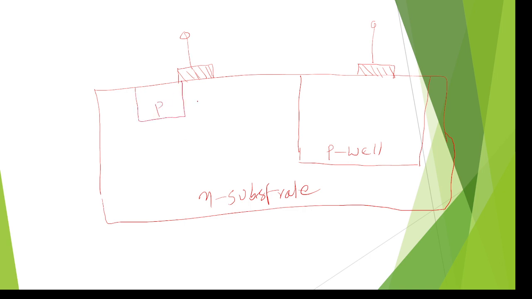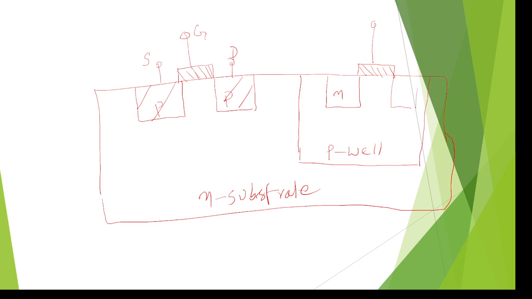In the next step, diffuse holes, because it is an N substrate, the mother substrate. Diffuse the holes into the left side transistor; now it acts as the source, gate, and drain terminals. On the right side, we can see that we diffuse electrons using a mask. Of course, a mask is compulsory.